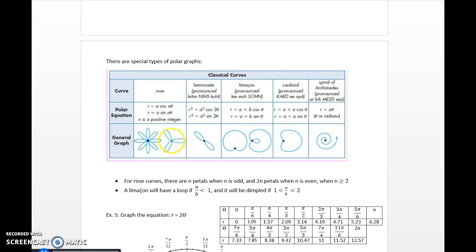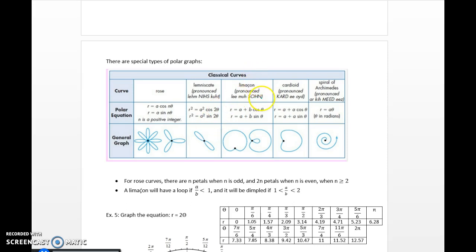And it can have 3 petals. It could have a lot more than 3, but you'll get this looping pattern. The lemniscate takes the form r squared equals a squared cos 2 theta, or r squared equals a squared sin 2 theta, and that will look like this, just 2 petals directly across from each other in a 180-degree fashion.